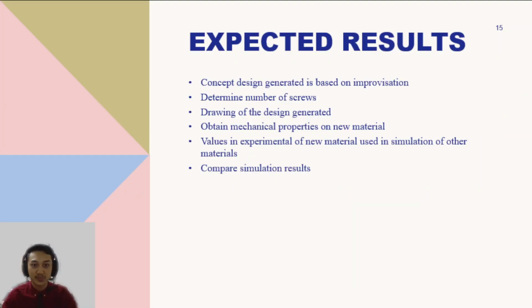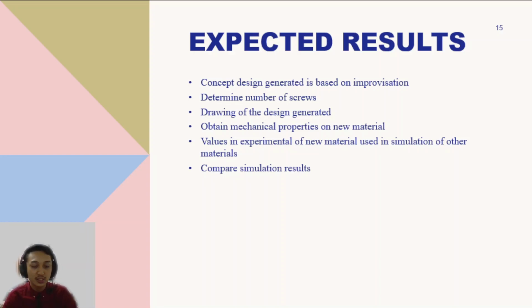So what are the expected results? The concept design is to be generated based on improvisation, where we use a benchmark and we improvise, and we also use other designs to improvise our design.